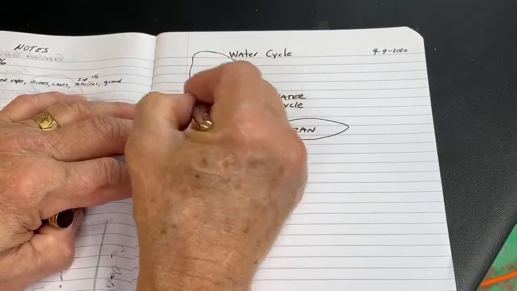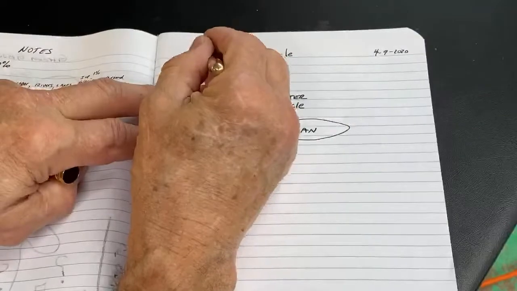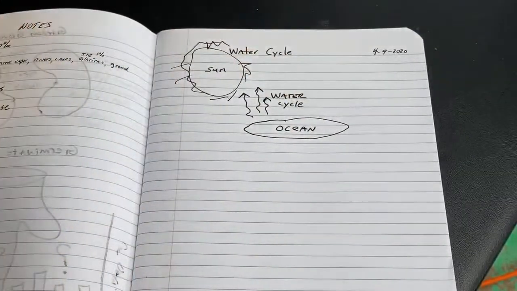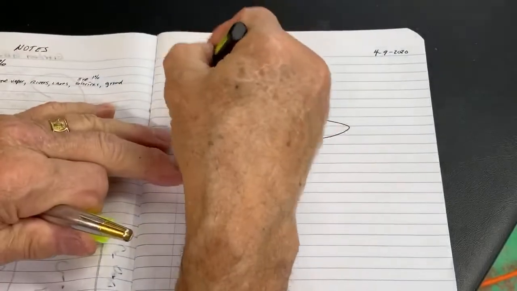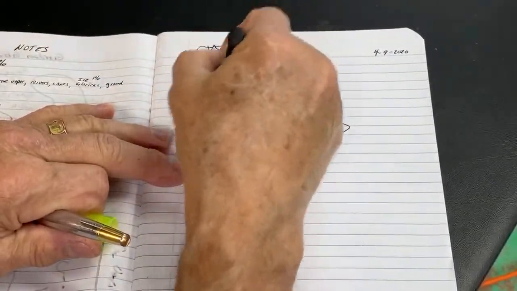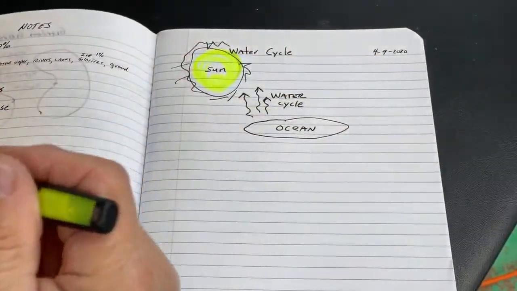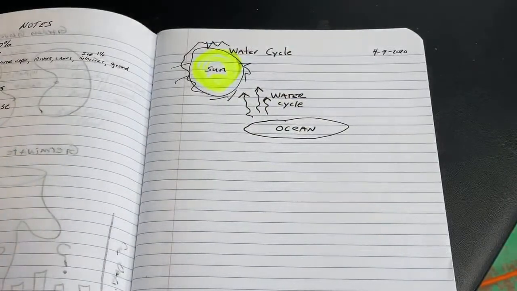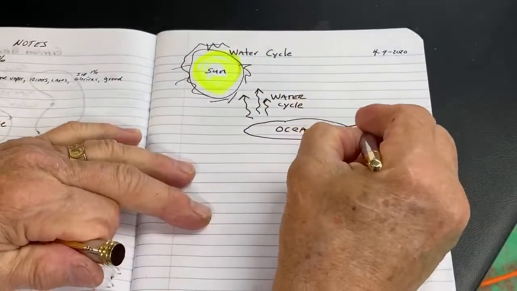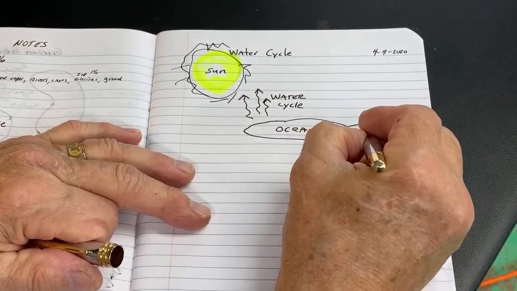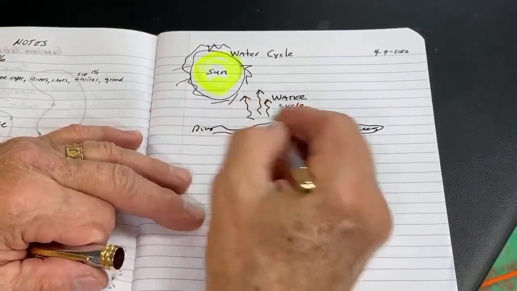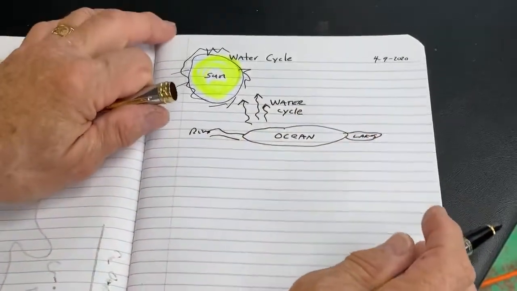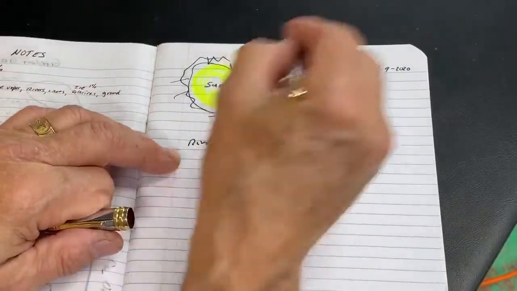So the sun, and I might just make the sun a little bit yellow here. The sun heats up the water in the ocean and in the lakes and in the rivers that go into it. And when that happens, that water goes up into the sky.